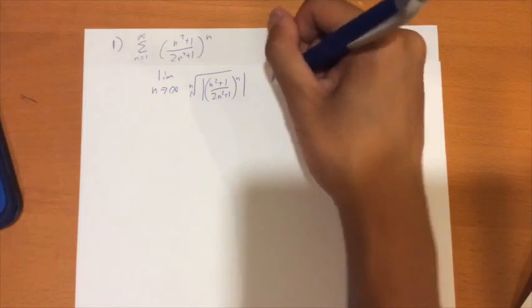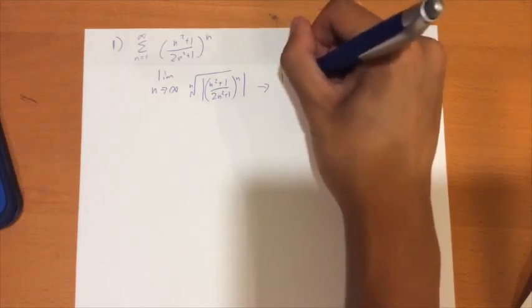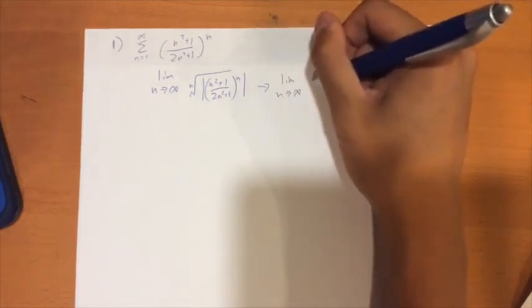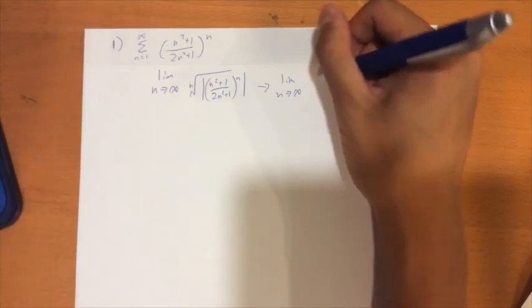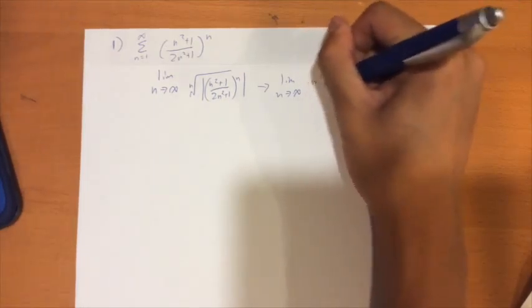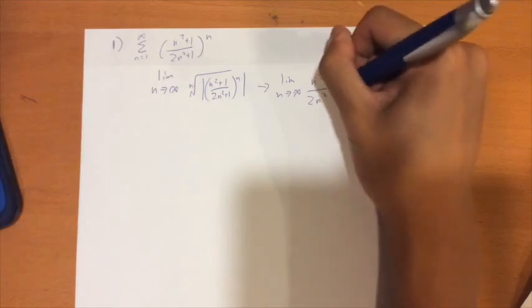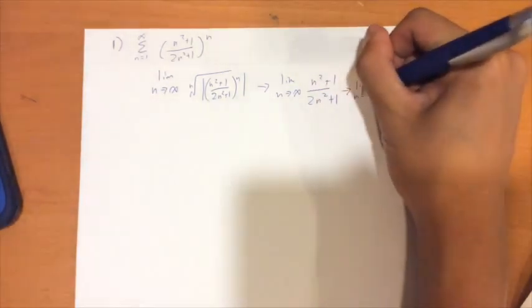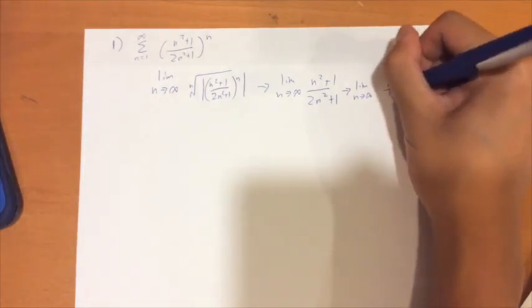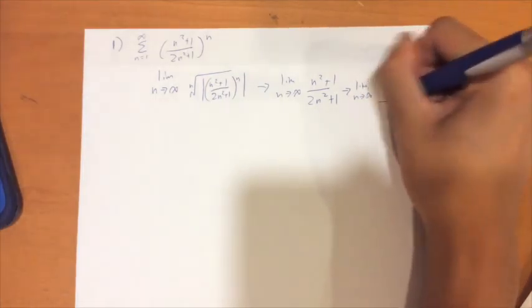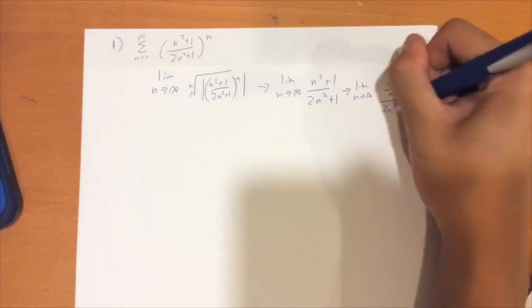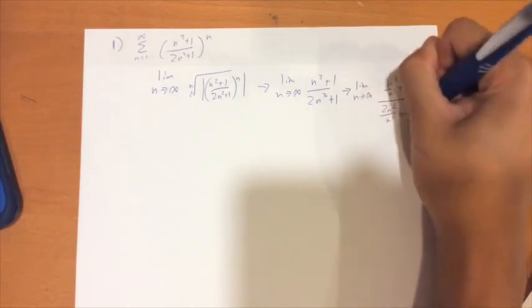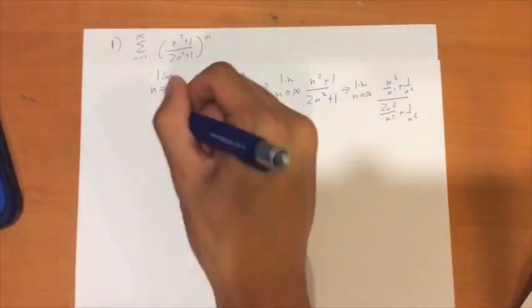So this would become the limit as n approaches infinity of n squared plus 1 over 2n squared plus 1, which can be rewritten as that.